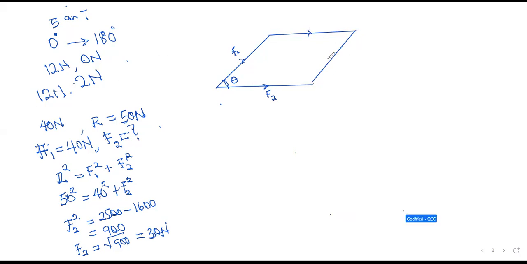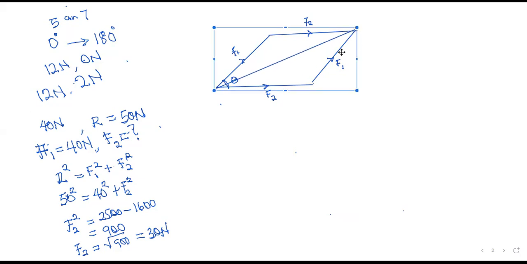This side is equal to this, which is also F2. This is F1. Then the direction of the resultant is drawing a vector from the tail of F2 to the head of F1. Something like that.